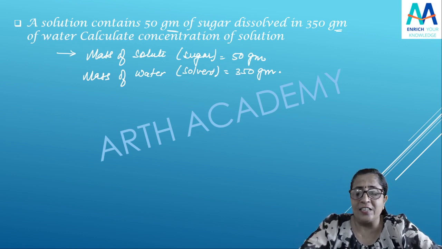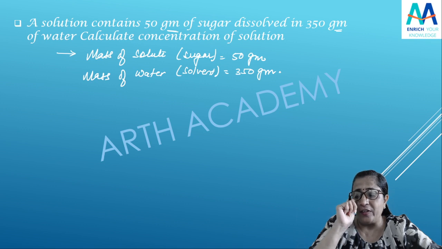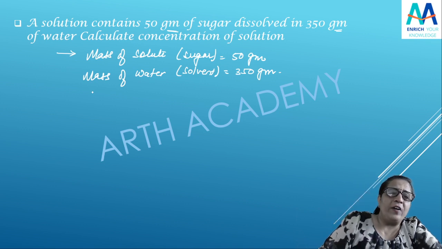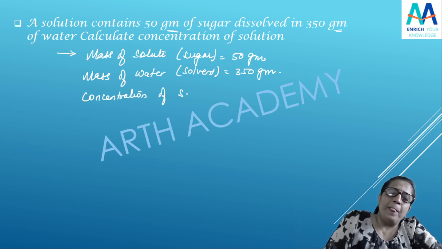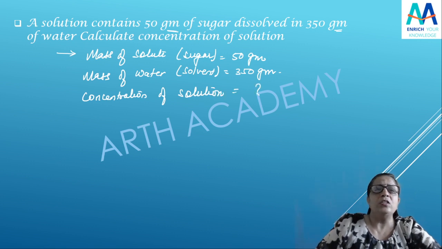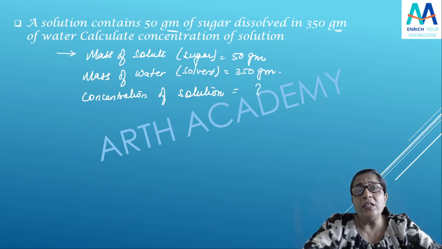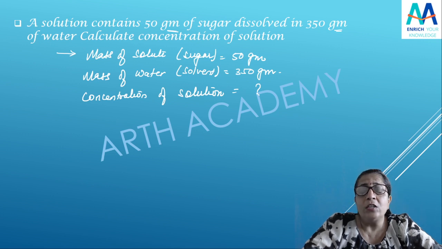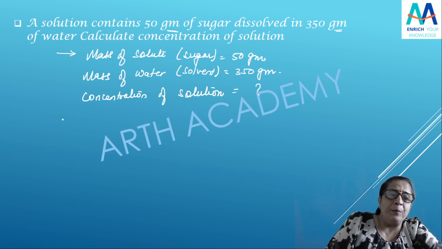We have just discussed what is aqueous and what is non-aqueous. Now we want to find the concentration of solution. हमको क्या निकालना है, concentration of solution. But concentration of solution निकालने के लिए मुझे mass of solution चाहिए, but I don't have mass of solution. तो सबसे पहले हम निकालेंगे.